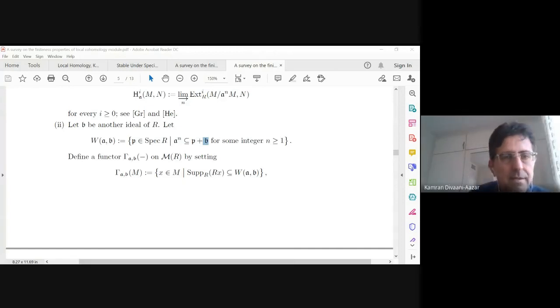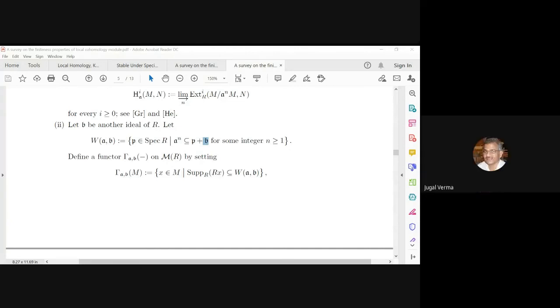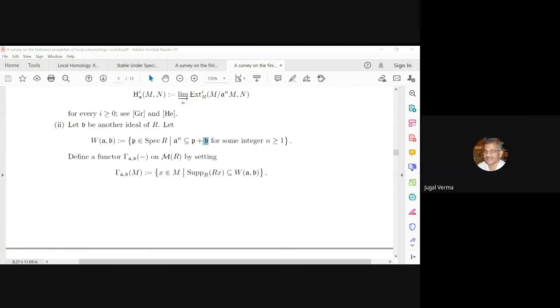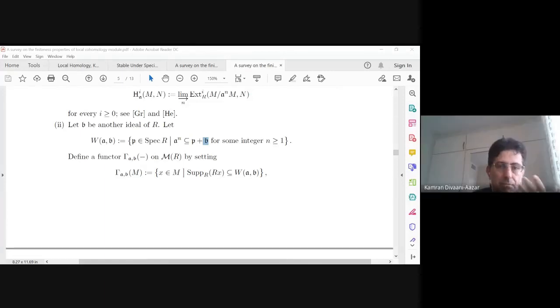Unfortunately, I haven't heard about it, but it is a good question. It would enlarge the class, because many rings of invariants are F-regular. It's a good question, but I don't have any idea about that.